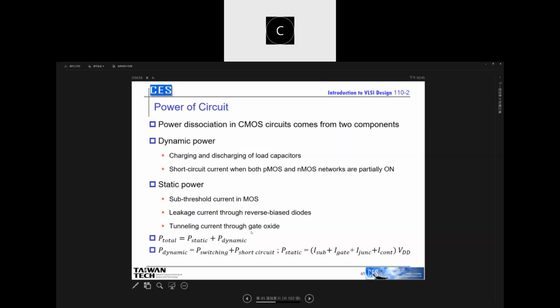Okay, traditionally, the majority of power consumption of a circuit comes from dynamic power, especially in not so advanced manufacturing processes. However, with more advanced manufacturing processes, the ratio for static power has increased.